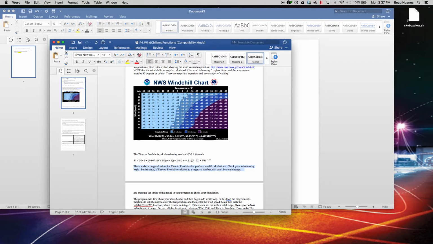One of the hints is that you actually have a lower bound. You know that it has to be positive, everything has to be greater than 0. The other thing is that when you start putting values in and look at frostbite times, they start getting funny when you look over 30 minutes. If you look at this graph, notice it only does frostbite times up to 30 minutes based on the color coding. That's going to be our upper bound.